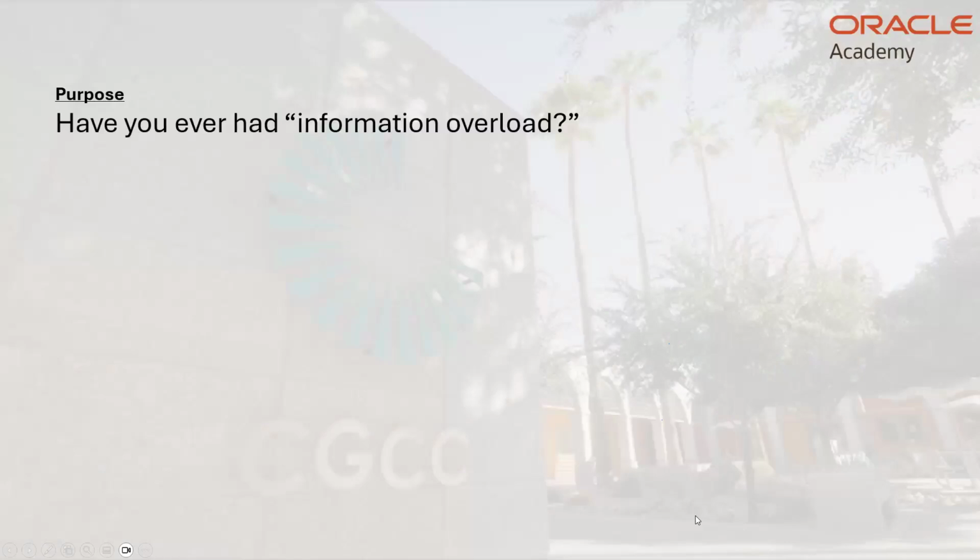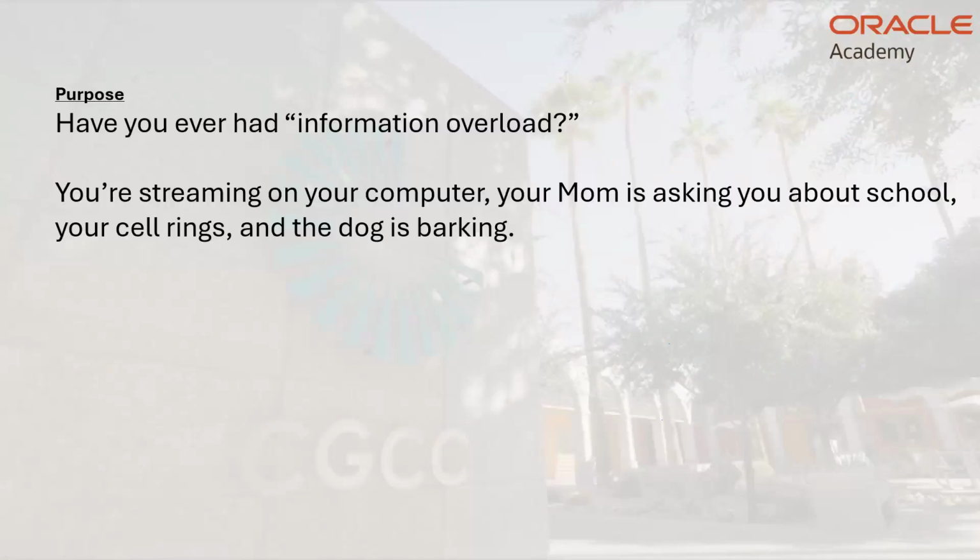So why do we have to do this? Have you ever had information overload? We all have. Well, maybe I haven't, not for a while, because I limit the amount of information I take in and then ignore the rest. But most of us absorb all that information. You're streaming on your computer, your mom is asking, or your wife, or your daughter, or your sister, or even your dog is asking you about school.